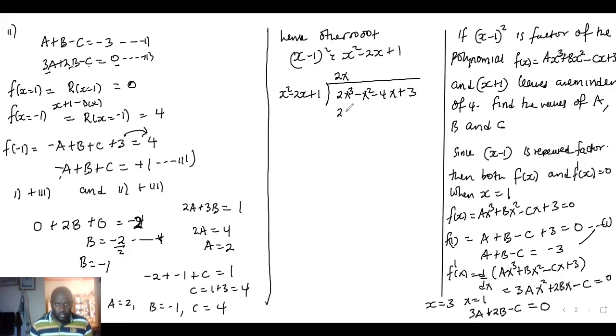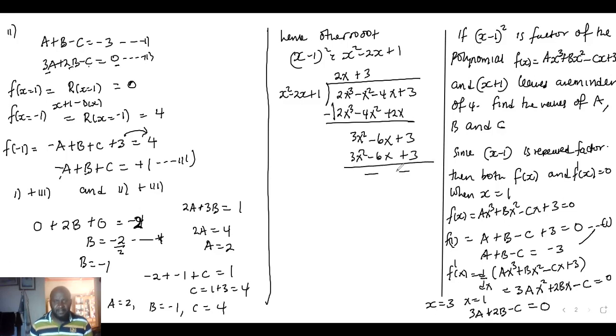We obtain 2x cubed minus 4x squared plus 2x. Then 3x squared minus 6x plus 3, we get 3x squared minus 6x plus 3.